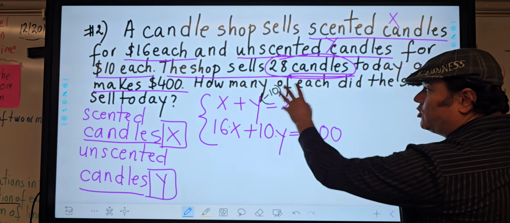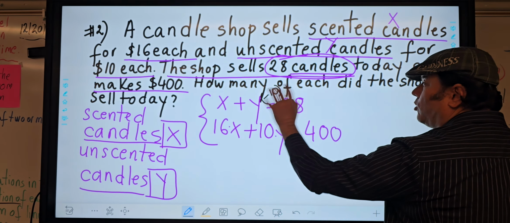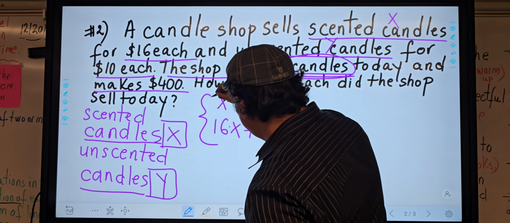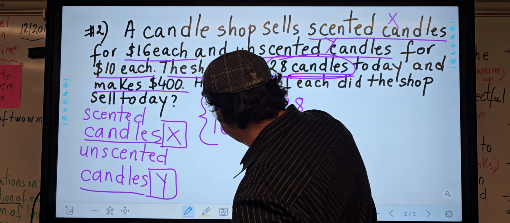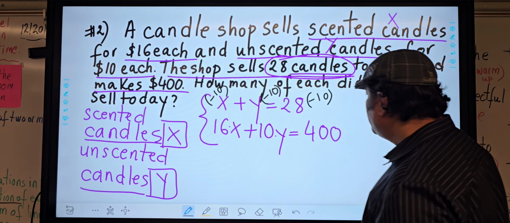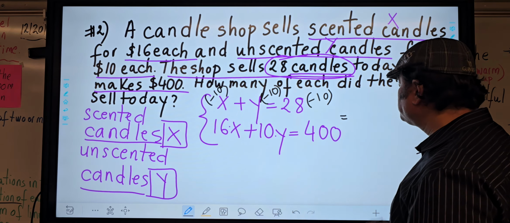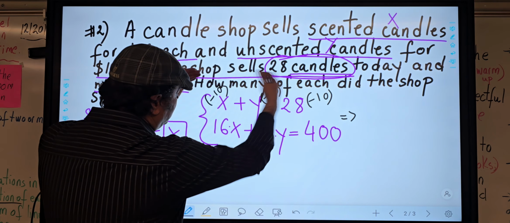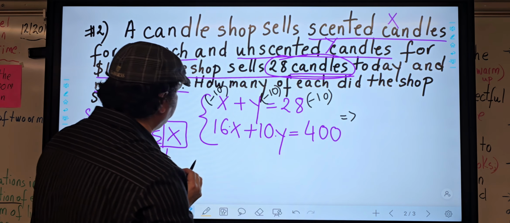Remember, whatever you do to one term, we have to do to all the other terms in that equation. So -10 there, -10 here, and also -10 here. After I multiply, I'm going to put the new equation under the original equation.